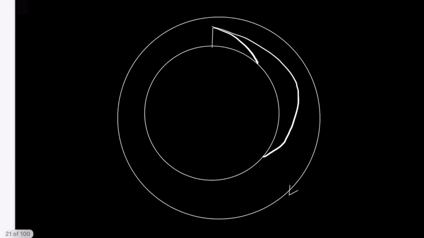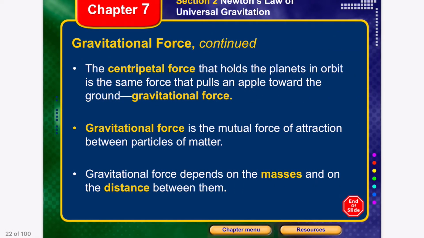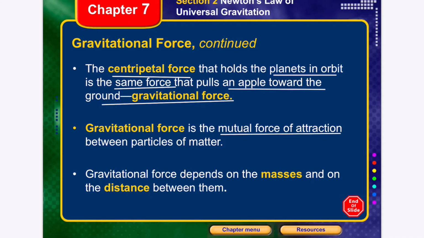This is the thought experiment that Newton developed to understand gravitational force. The centripetal force that holds planets in orbit is the same force that pulls an apple towards the ground, which is the gravitational force. Gravitational force is a mutual force of attraction between particles of matter, and it depends on the masses and the distances between them.